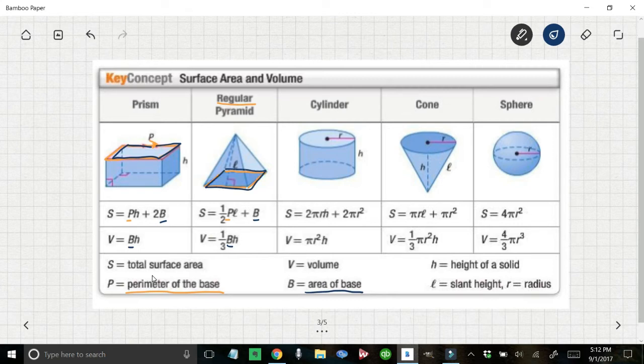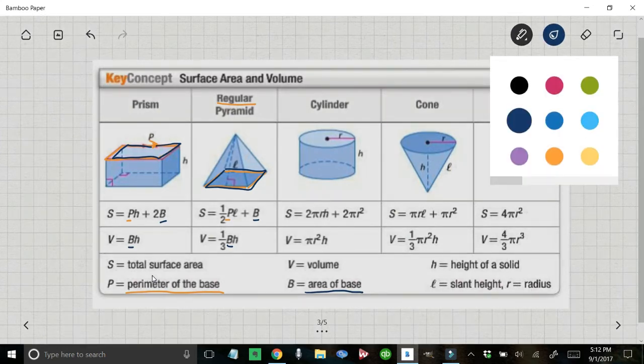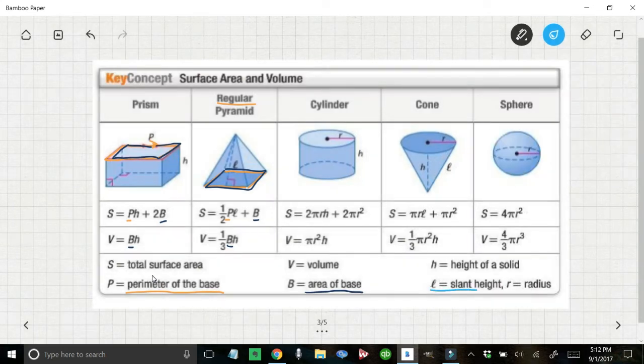For the next little nuance, you're going to need to know the difference between slant height and height of the solid. And this will only take place with the cone and the pyramid. So the slant height is just what it sounds like, the height of the slant.